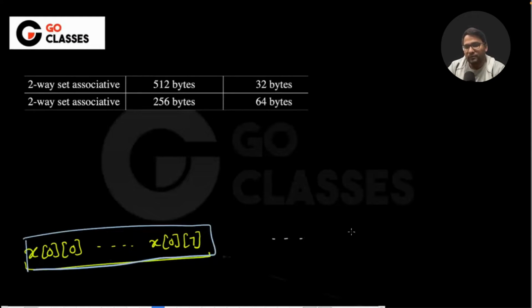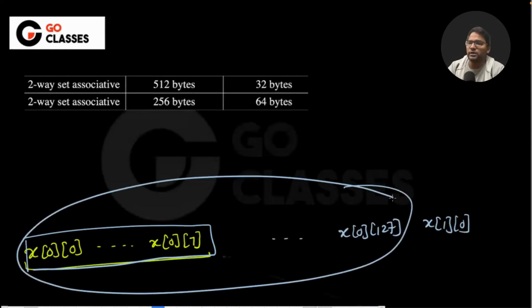Now we have x127 and then we have x10. So how many elements do we have till this point? 128 elements, isn't it? It means how many blocks do we have? 128 divided by 8, because one block has 8.